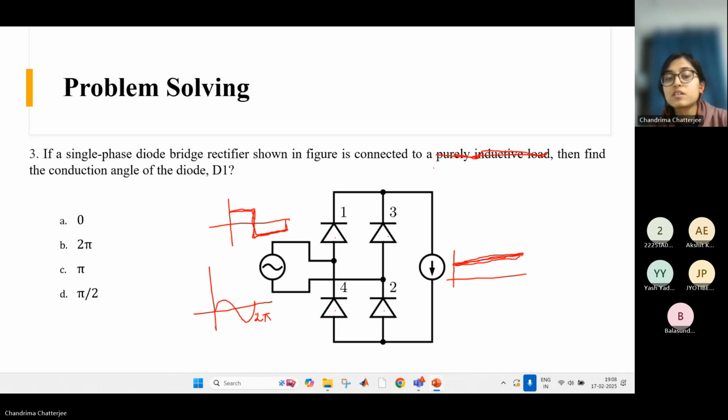So what will be the conduction angle of D1? D1 conducts during the positive half cycle. So this duration is pi, half of 2 pi. So this is the correct answer, pi.